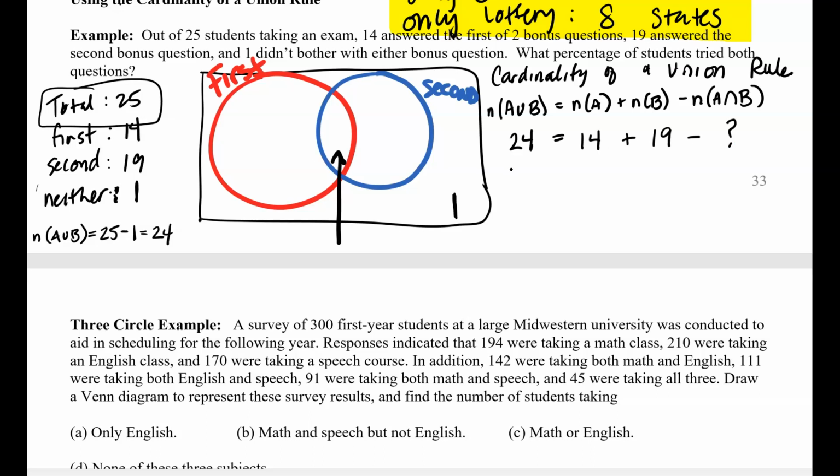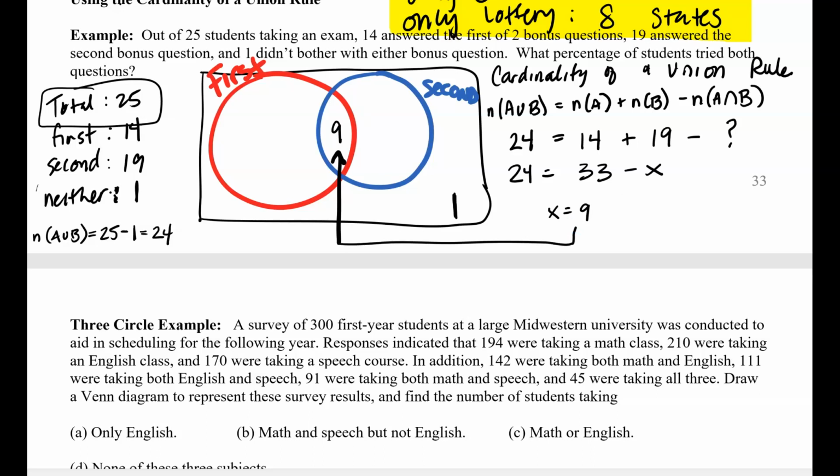So I'm going to go ahead and simplify this. 14 plus 19 is 33, and instead of the question mark, I'm just going to say minus X. I'm trying to figure out 33 minus what number is 24. Well, 33 minus 9 is 24. So X has got to be 9. Then I'm going to put that 9 in the center.